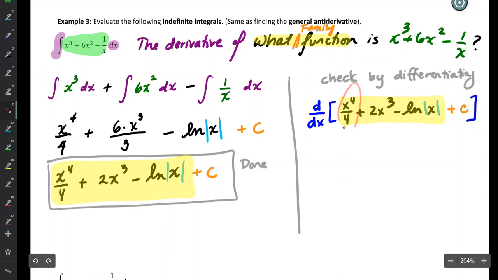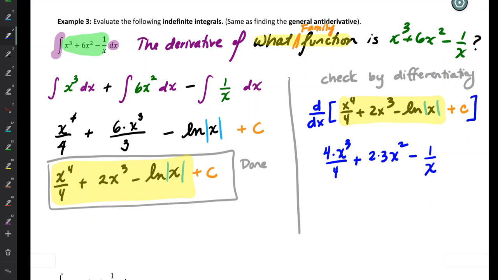All right. Terms, yay, I can compartmentalize my thinking. The derivative of x to the 4th divided by 4 is 4 times x cubed over 4, plus the derivative of 2x cubed is 2 times 3x squared, minus the derivative of ln x is 1 over x. Moreover, the derivative of ln absolute value of x is 1 over x.